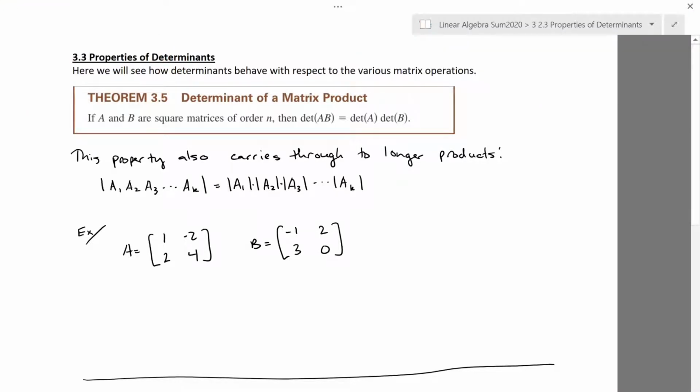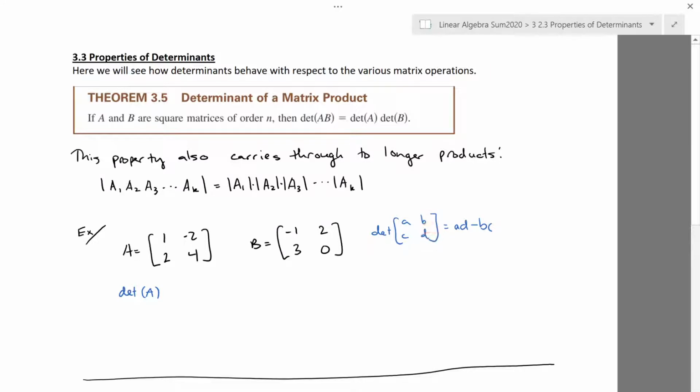Let's see this property in action by looking at this example where we have two 2x2 matrices. First let's calculate their individual determinants. What is the determinant of A? Let's remember the 2x2 formula: the determinant of A, B, C, D is AD minus BC.